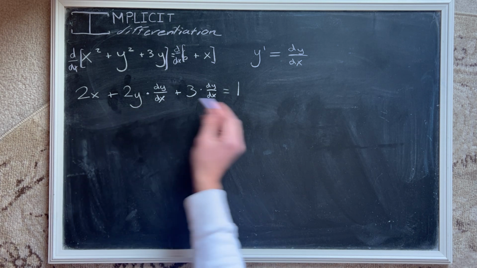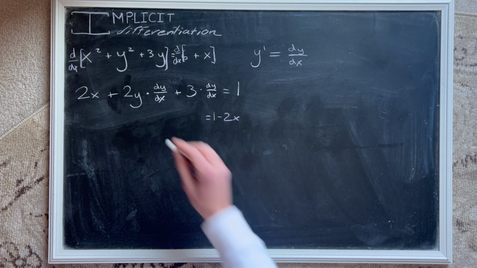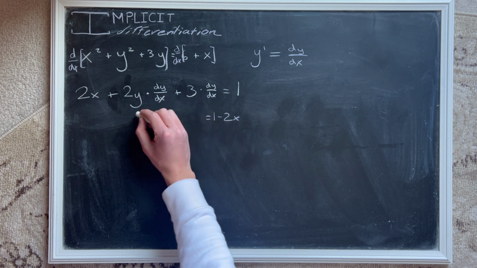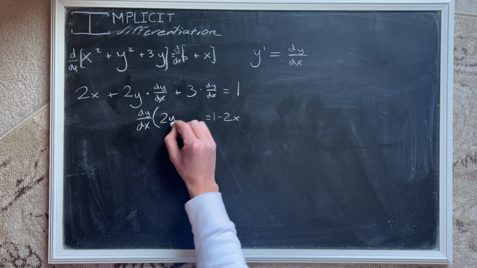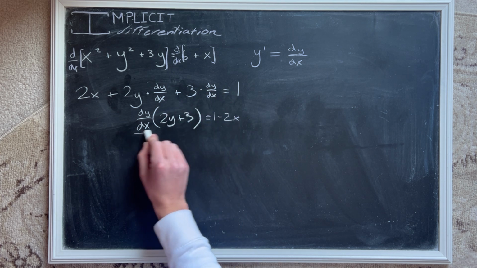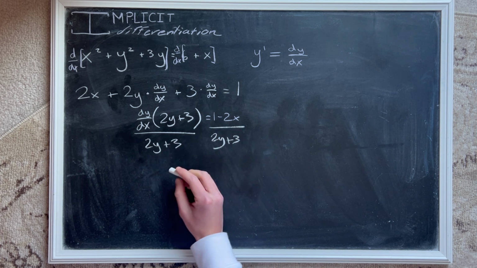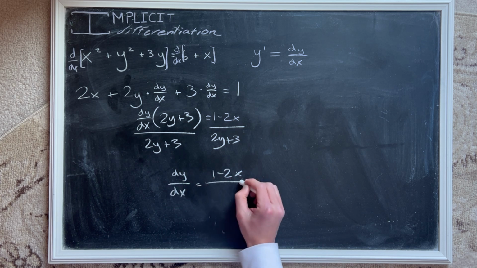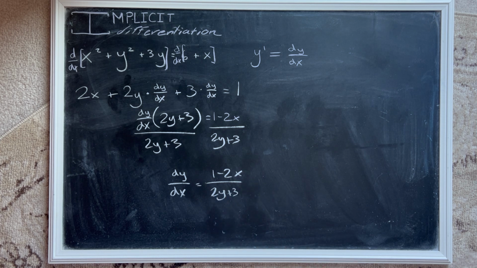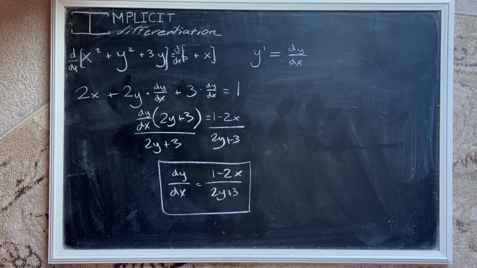We can subtract this 2x over, so we get 1 minus 2x equals, then we'll factor out the dy over dx here, so dy over dx times 2y plus 3. And then we'll divide by 2y plus 3. And then we get that dy over dx equals 1 minus 2x over 2y plus 3. And that is the answer for this one. Implicit differentiation is not super hard. All you have to do is remember to multiply by dy over dx.